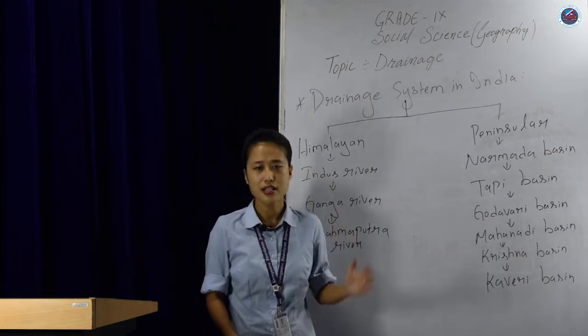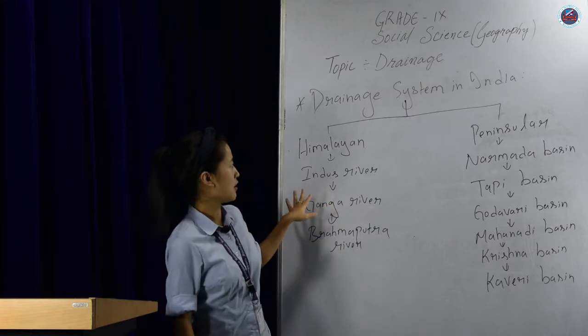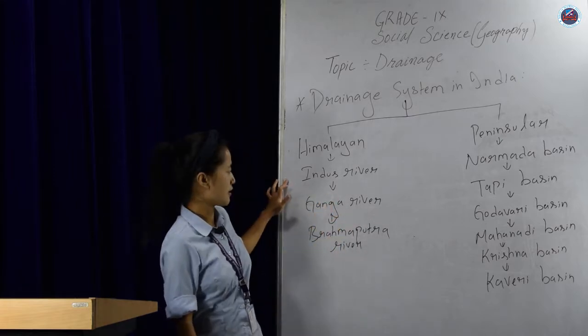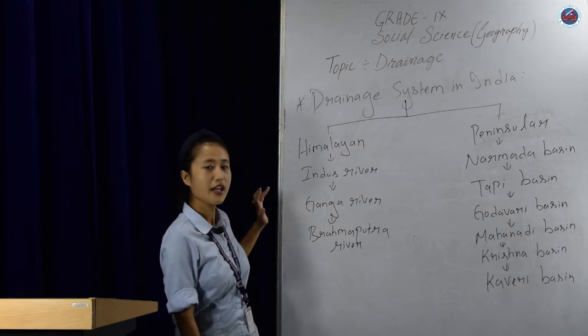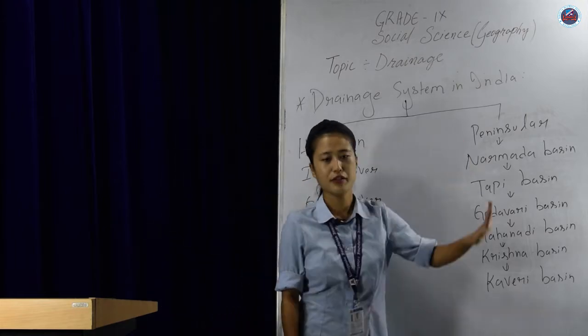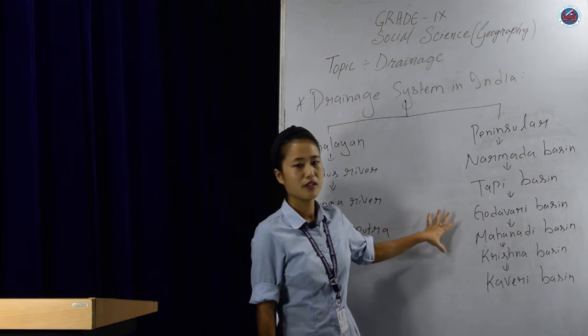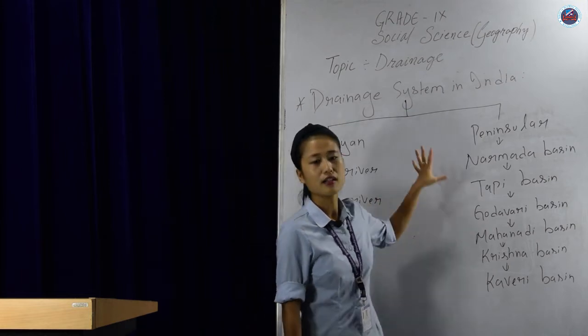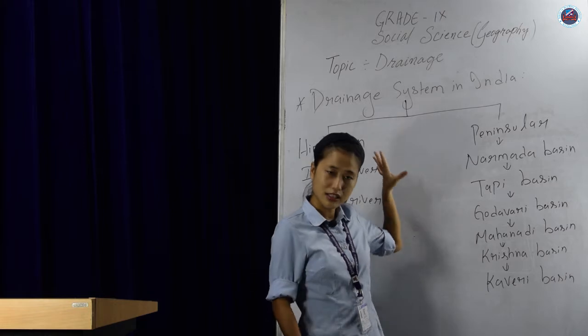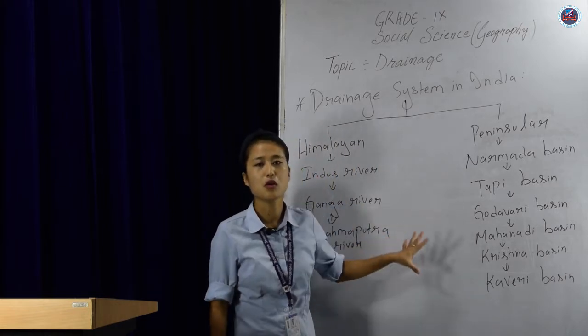The subdivisions of these Himalayan rivers, once again, are the Indus River, Ganga River, and Brahmaputra River. Now, the Peninsular rivers, unlike the Himalayan, are seasonal rivers. That means the river depends upon the rainfall.